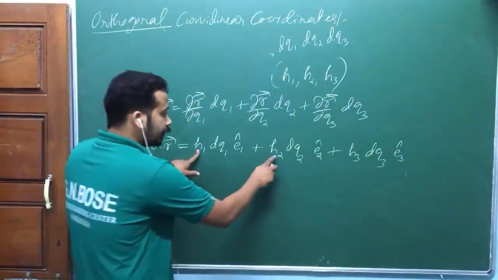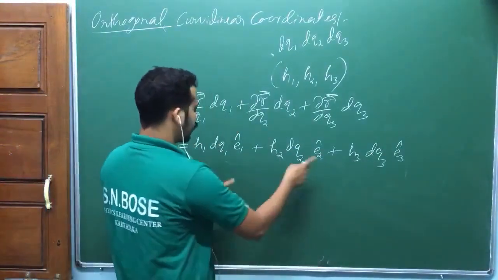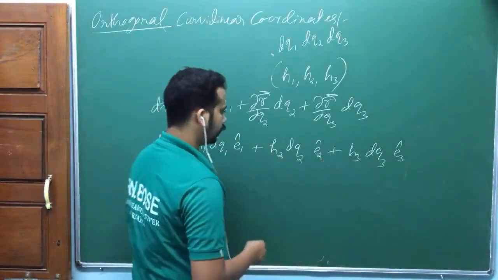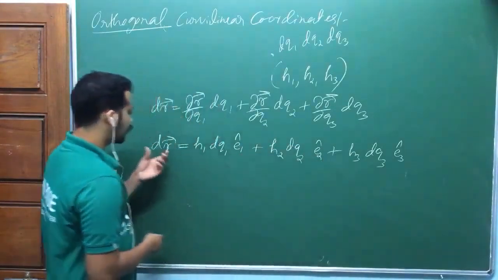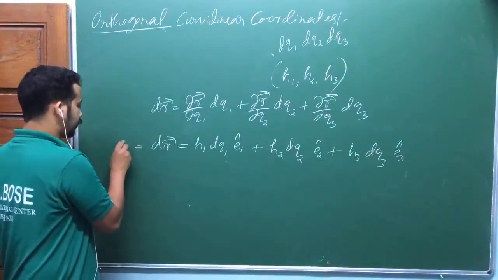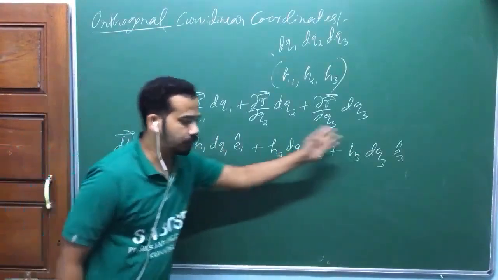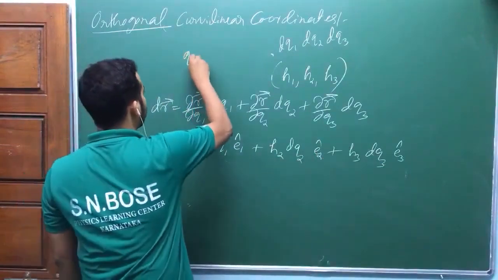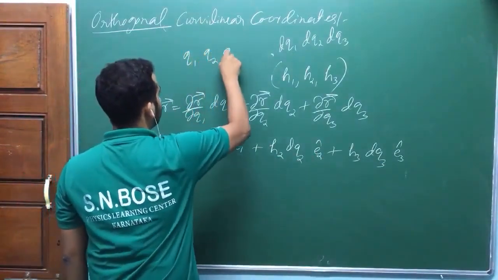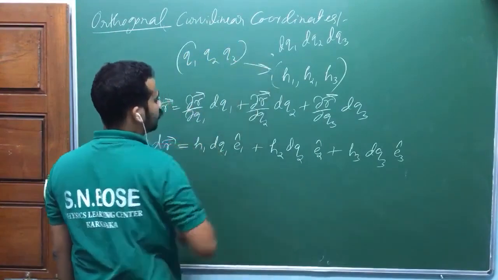If you define Q1, Q2, Q3 as your coordinate system, and if you define H1, H2, H3, you can write your infinitesimal displacement vector in any particular coordinate system. That's why, if you are talking about some particular coordinate system Q1, Q2, Q3, you should know these H1, H2, H3.